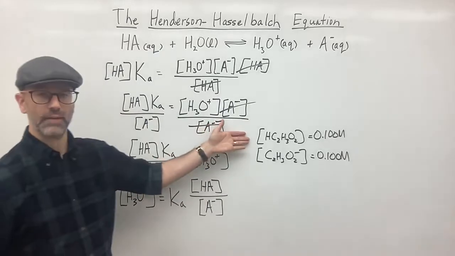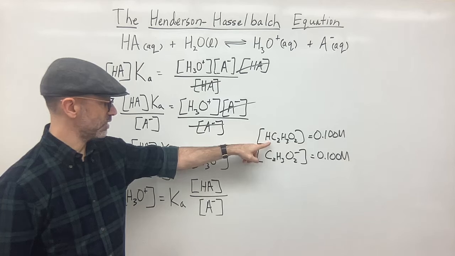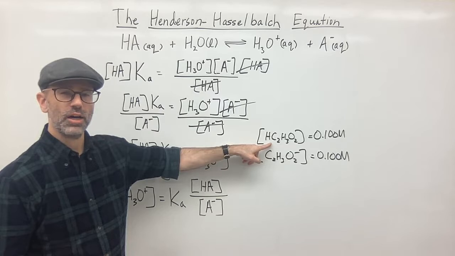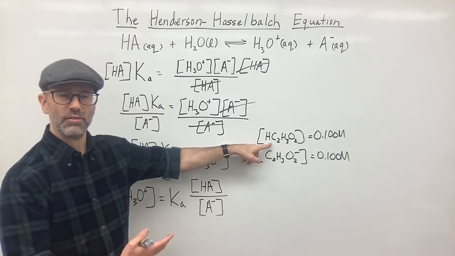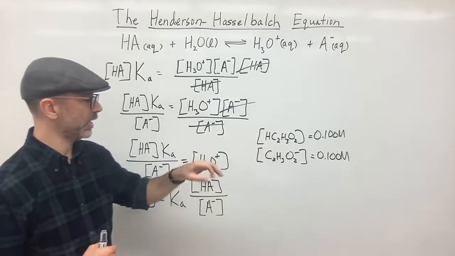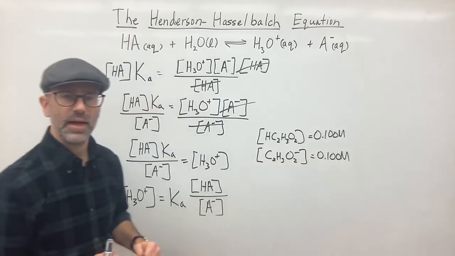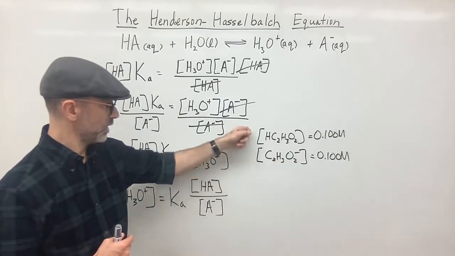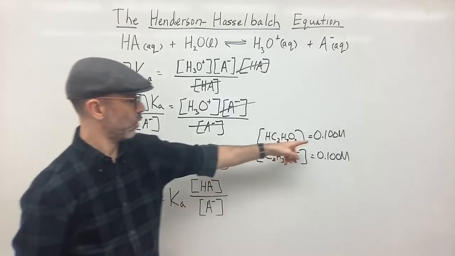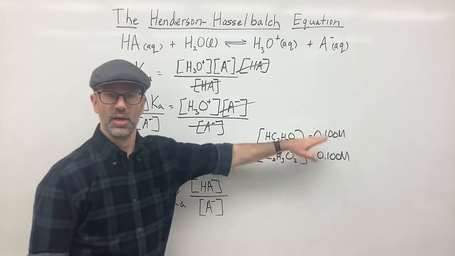So let's say we have a buffer of those two. So since this is the acid, this is the conjugate base, this is a weak acid, the amount of this that's going to ionize in solution is going to be so small that we can assume that these initial amounts of our species here, our acid and conjugate base, at equilibrium are going to be the same as what we have here in the initial stage.